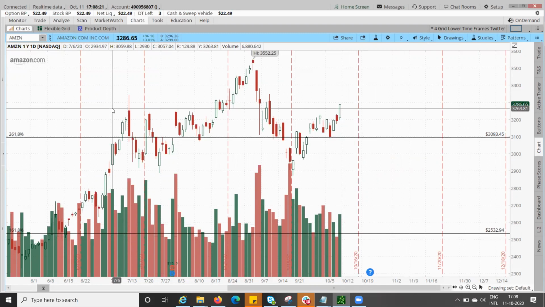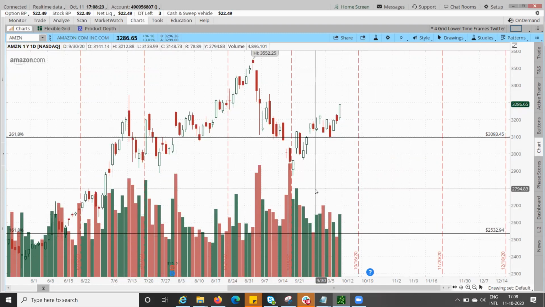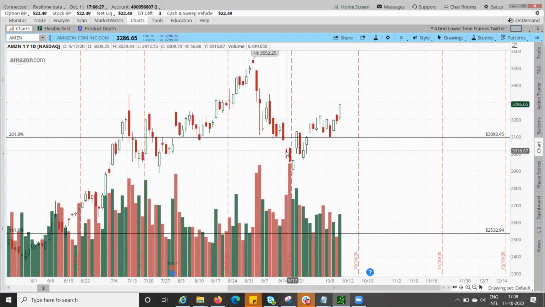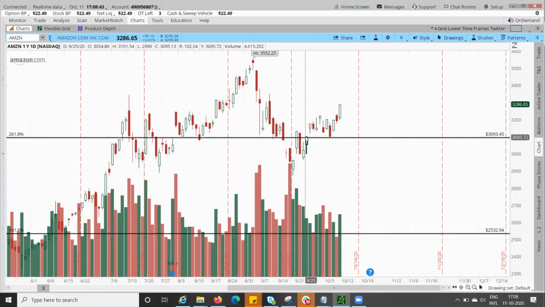Is there any gap up or anything where we can go in? There was a gap here, 3074 to 2972. This gap was filled. There is one gap here which was again filled right there.